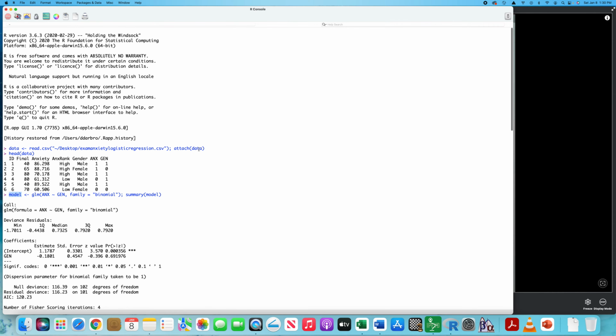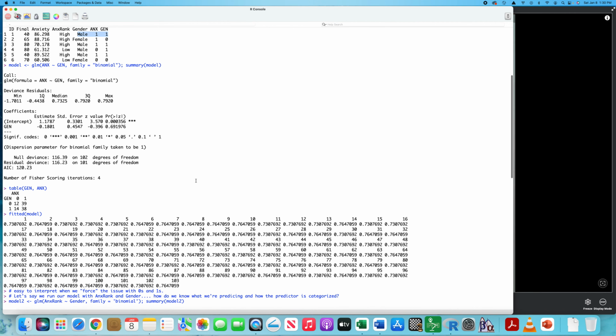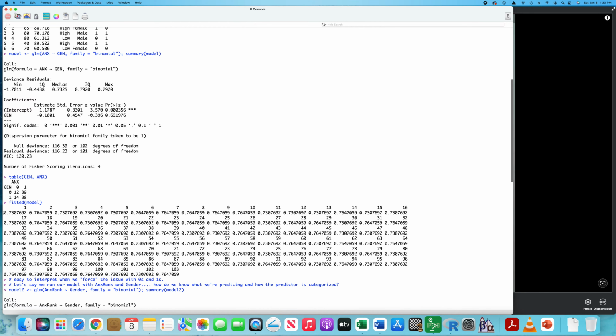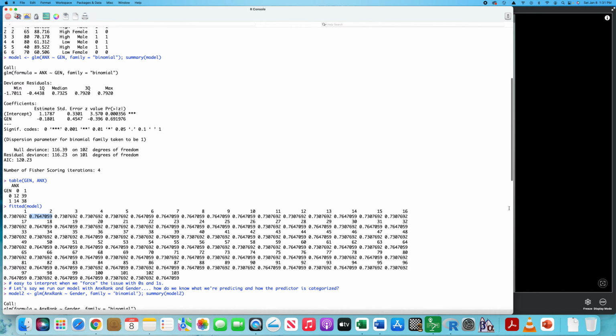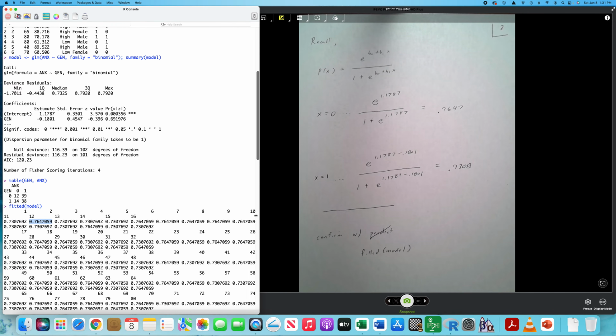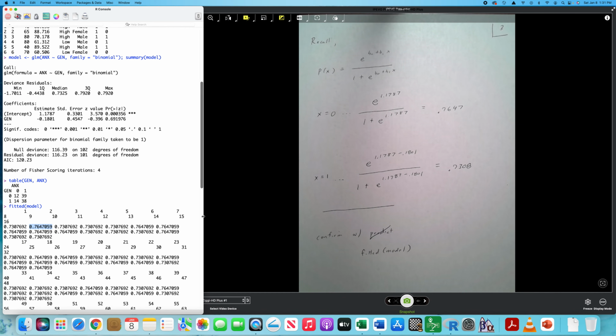I can see that the first subject is male, and I can see that the probability of having a high anxiety is just as we calculated it at 0.7308. The second student is female, so 0.765, which is exactly what we calculated over here.